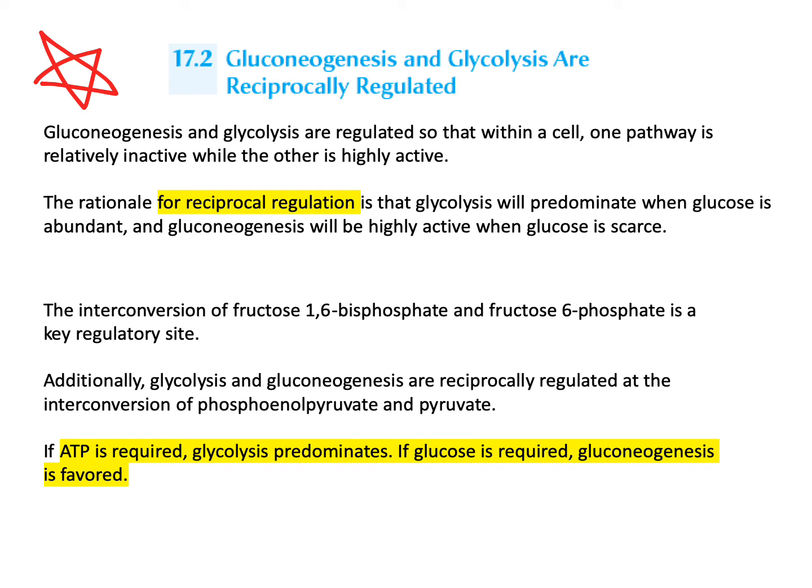When glucose is low, then gluconeogenesis is highly active. When ATP is required, because glycolysis produces ATP, this pathway is predominant. And when glucose is required, gluconeogenesis is favored.